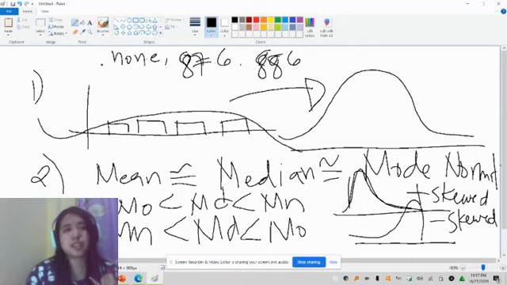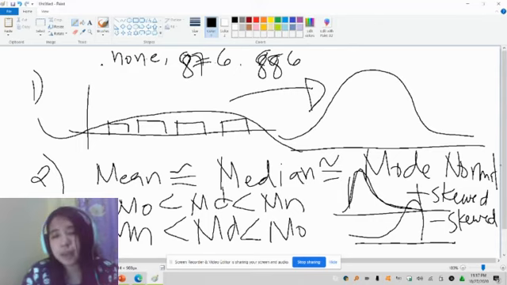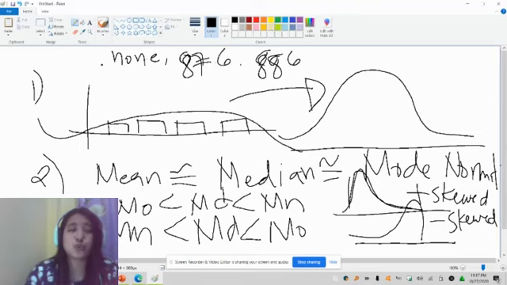So the first method that we use is the histogram. Unfortunately, we cannot use it because, of course, we have only very few data and it does not look like a bell shape. Second, when we compare the mean, the median, and the mode, we cannot do that because we do not have the value of the mode.